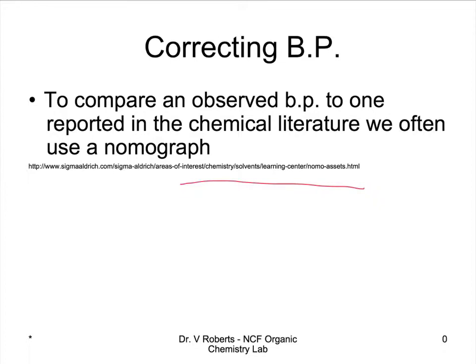So the boiling point observed can be set, and the ambient pressure can be set, and then it corrects the boiling point to what it would be at 1 atmosphere. It's a very neat little tool, and if you get a chance, please visit this website so you can take a look at it.